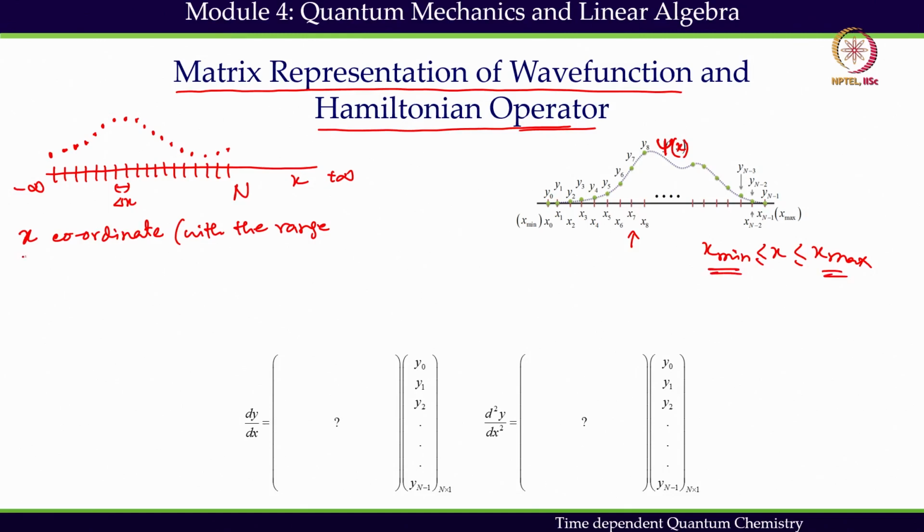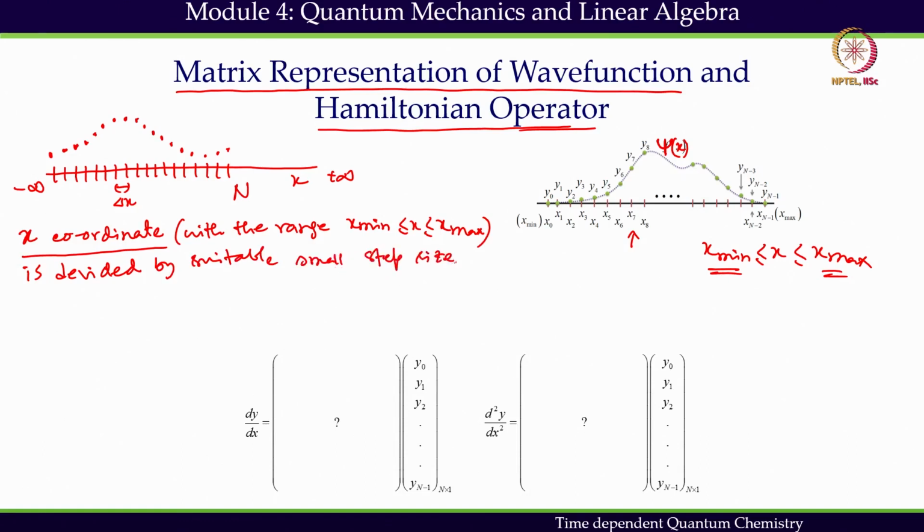This finite range of x axis, within this range, x minimum to x maximum, this x coordinate is divided by a suitable small step size, that is delta x. So that's the way we produce this grid.